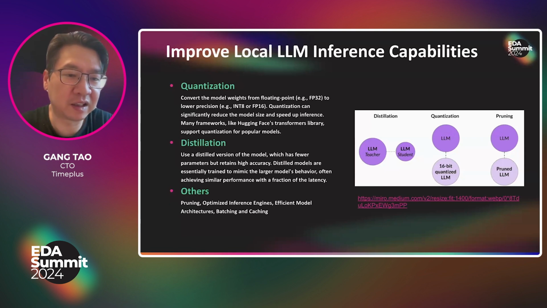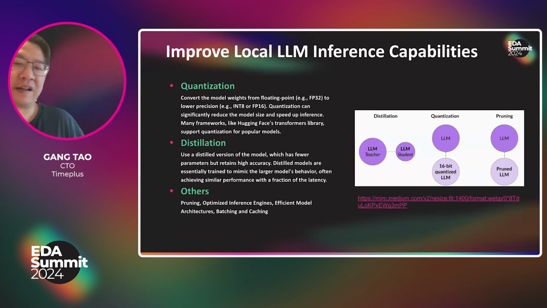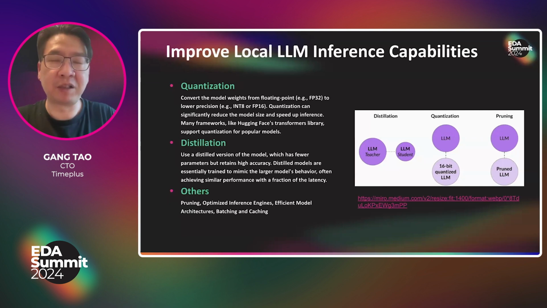And distillation seems similar: you have a large model with very good knowledge, but you want to transfer that knowledge to a small model, like the teacher-student model. You train a local model that has specific knowledge, or you can do other things like pruning. But I believe with the fast development of large language models, running powerful local models will be easier and easier in the future.